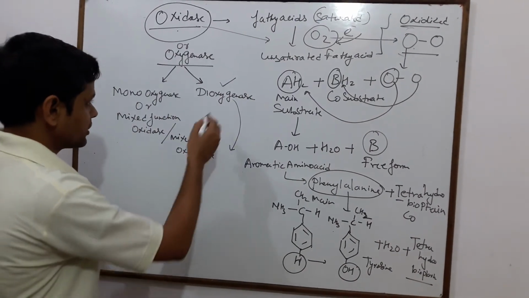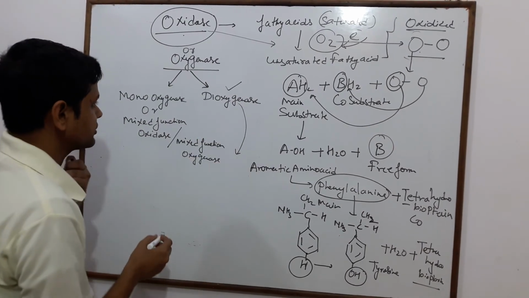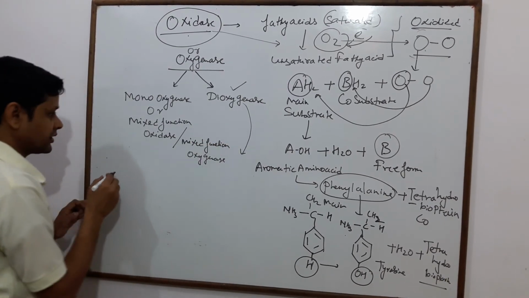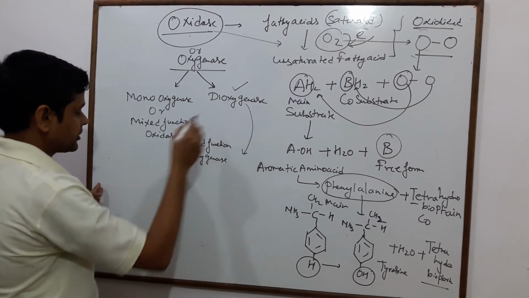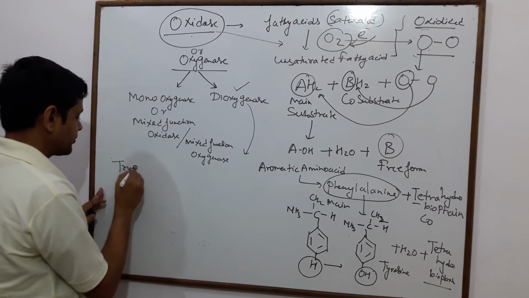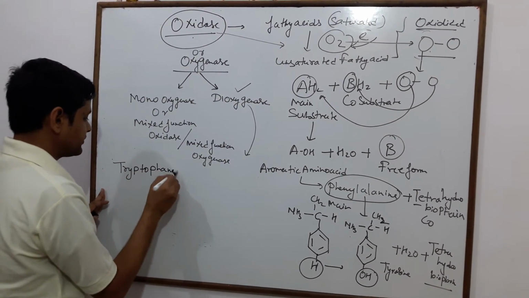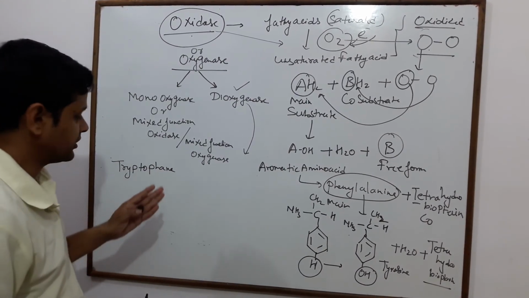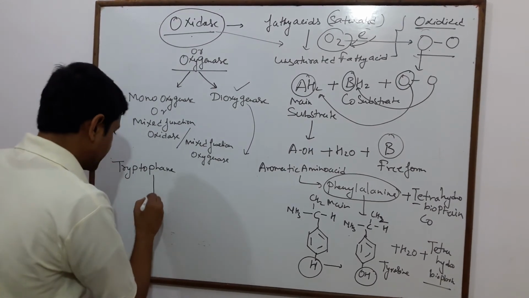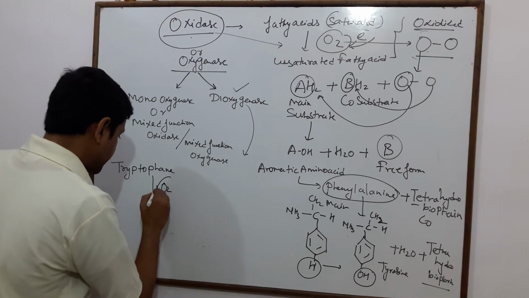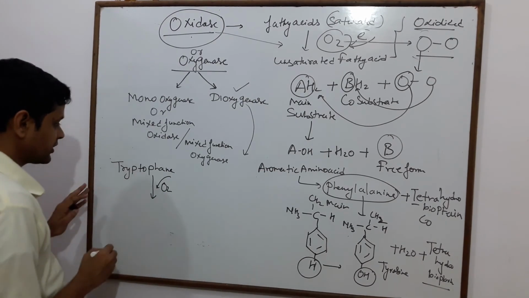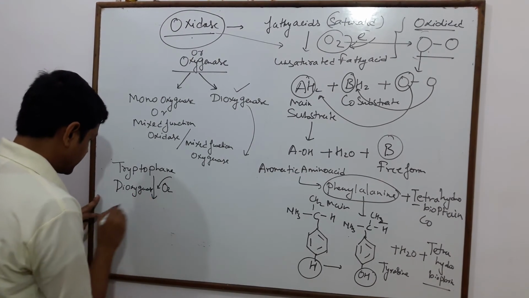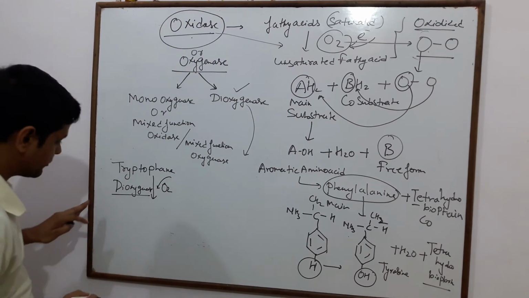The best example of this dioxygenase is the oxidation of tryptophan. This is one of the aromatic amino acids, and tryptophan has an open pentameric ring structure which is oxidized in the presence of oxygen by dioxygenase.